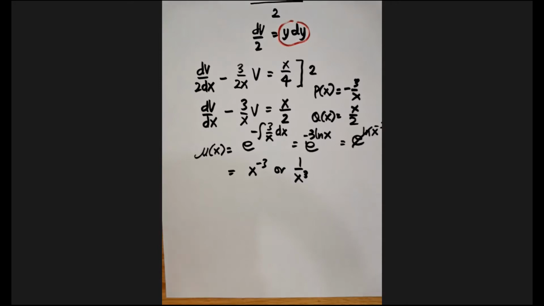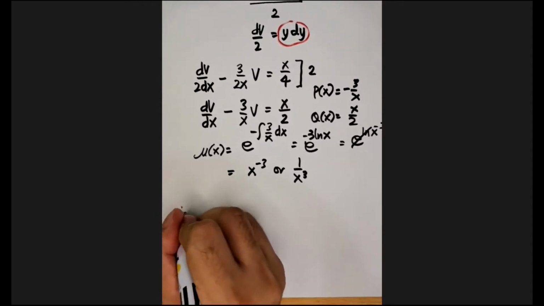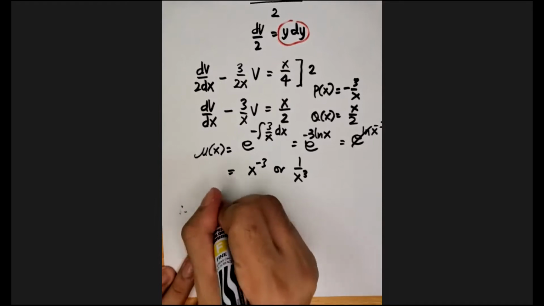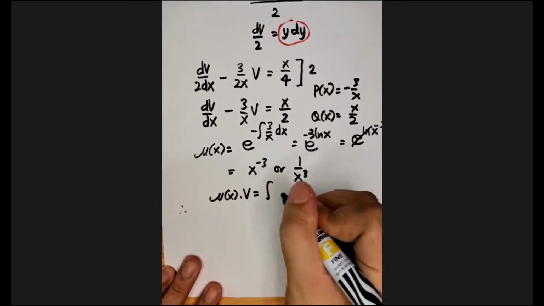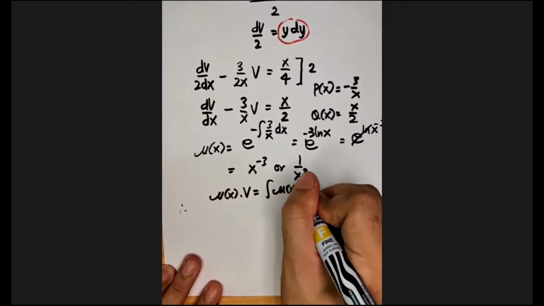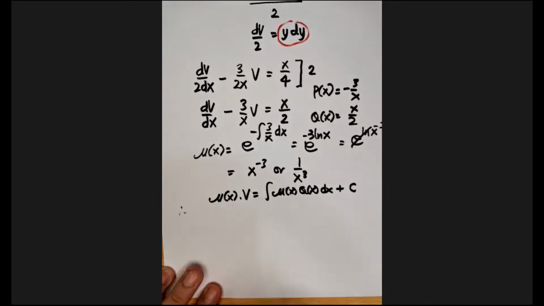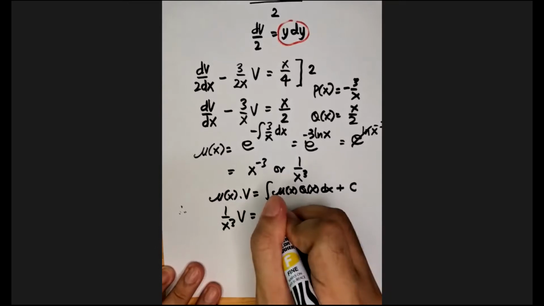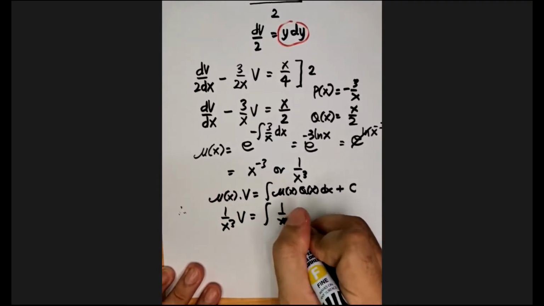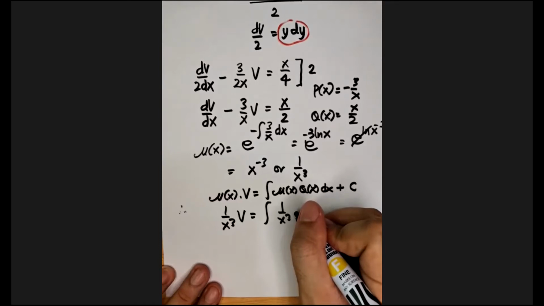So let's substitute now dun sa given. So therefore, the integrating factor times v is equal to the integral of the integrating factor times q of x dx plus c. So we'll have 1 over x cubed times v is equal to the integral of 1 over x cubed times, what's our q of x?